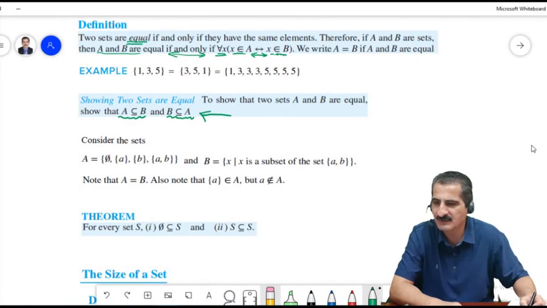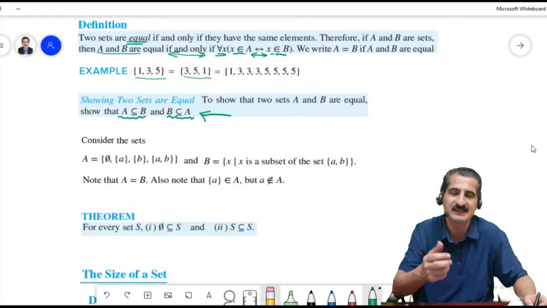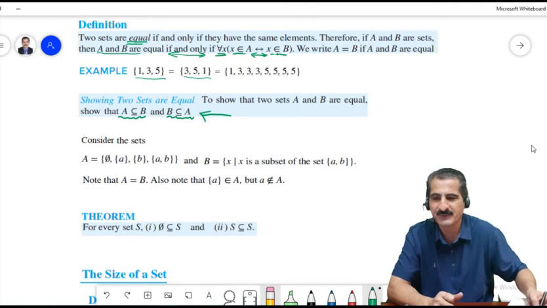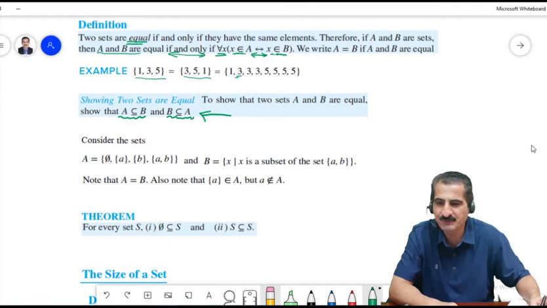For example, if you look at this set 1, 3, 5, it is the same as 3, 5, 1. At the beginning, we said the set is an unordered collection of elements, so the order of elements inside the set does not matter. Also, the repetition will not matter. We will just keep looking at this set as this in here.